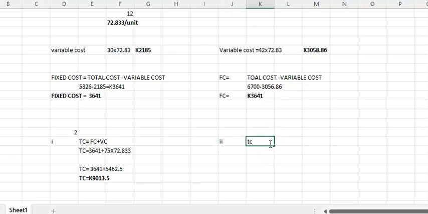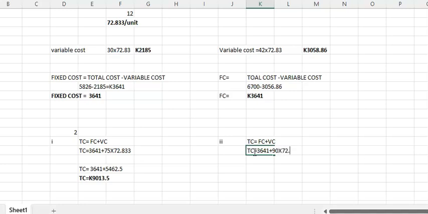So when the activity level is 90, what will be the total cost? The formula is still the same. Total cost will be equal to fixed cost, which we already established to be 3641, plus the activity level of 90, 3 zeros up, multiplied by the variable cost per unit.